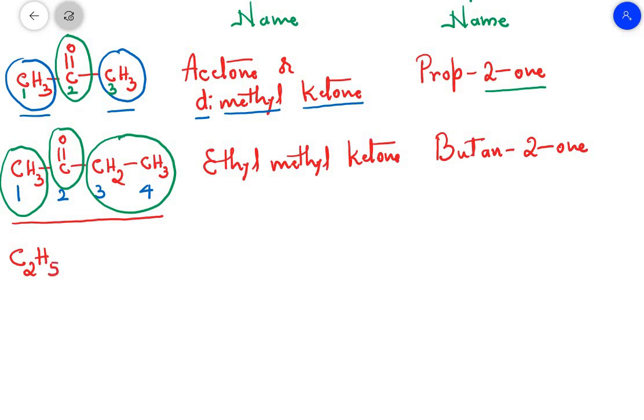Next example, C2H5 single bond C double bond O C2H5. If you see this compound, we are having an ethyl group on one side of the functional group and one more ethyl group on the other side. Since both are the same, the name of this compound is diethyl ketone.